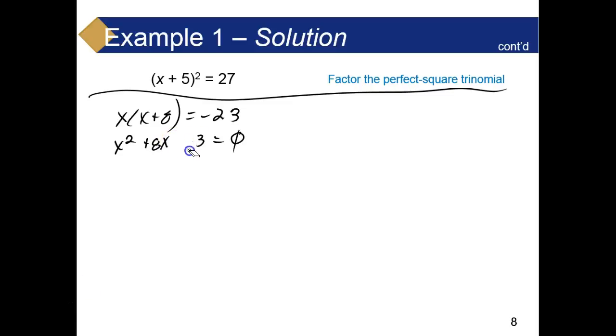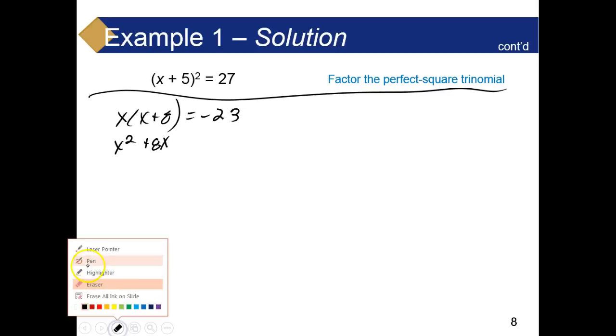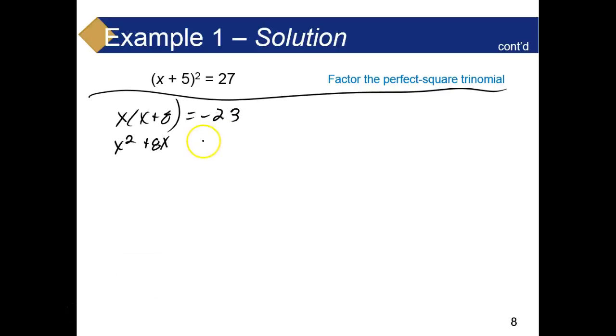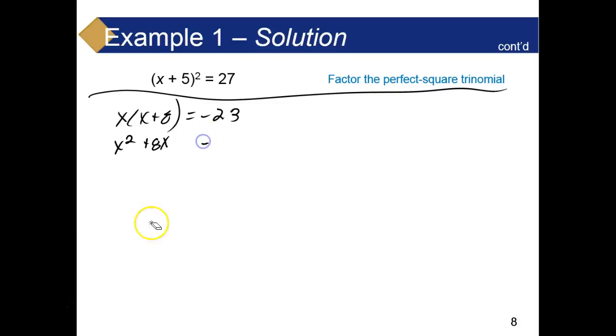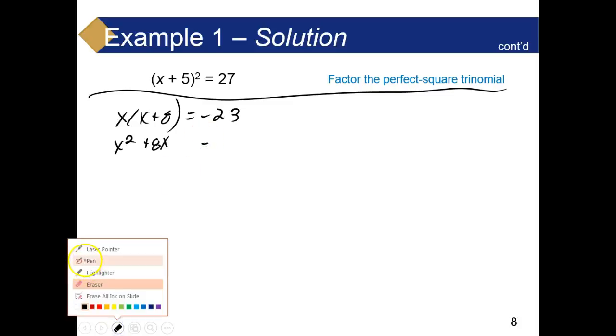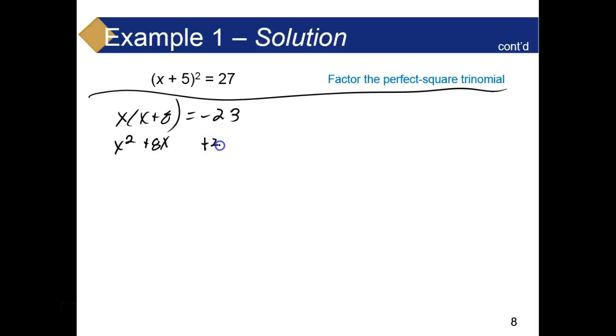In the old integrity, I wouldn't have to erase. I could just pull it over, but we'll do it this way. Oops. Yuck. All right. Plus 23 is equal to 0.